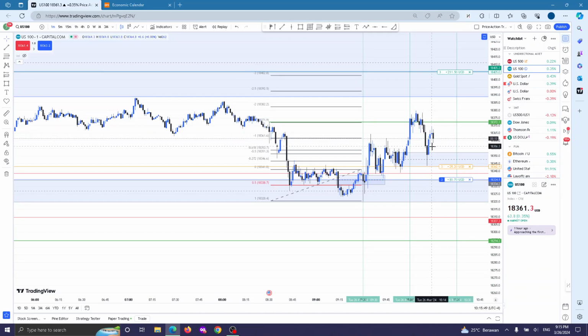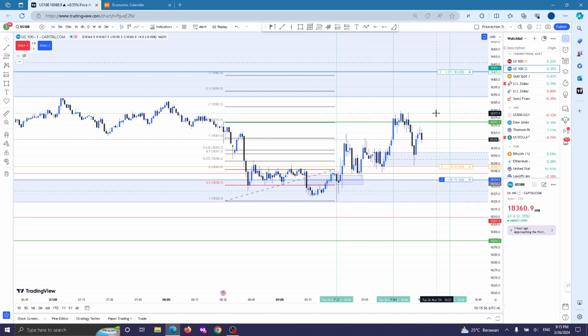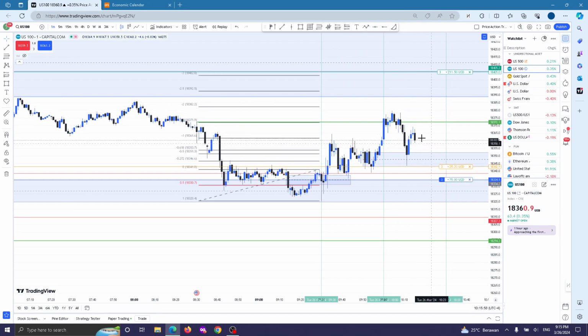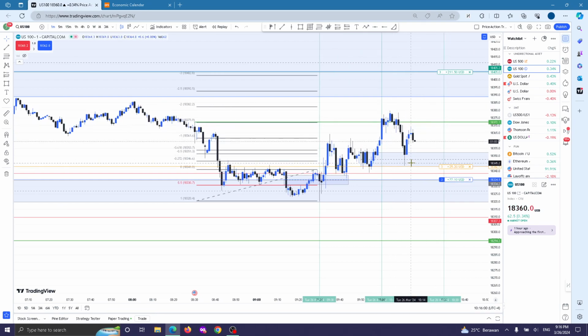I want to see price take this low because we're closing into 10:30. We've already retraced to a discount. Mean threshold respects that. I don't see why price wants to go take this low unless we take this high.